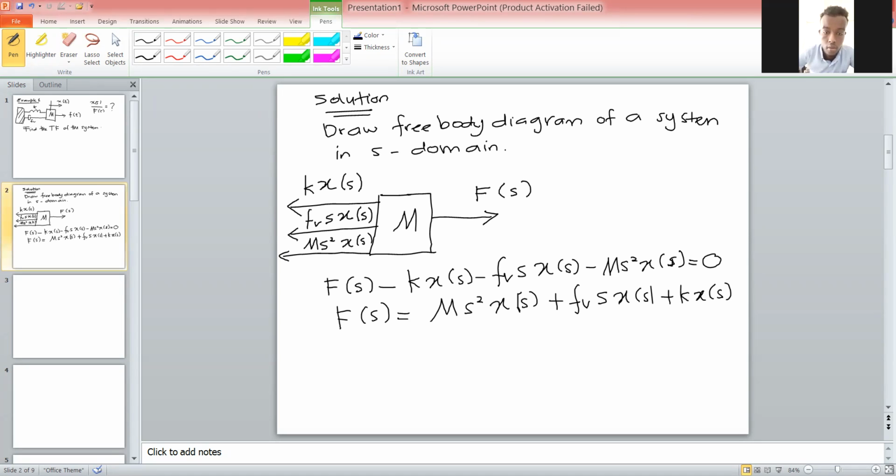I arrange this one, bringing XS outside. So it becomes XS times M S squared plus FV times S plus K equals FS.